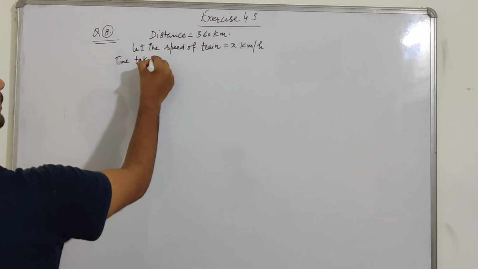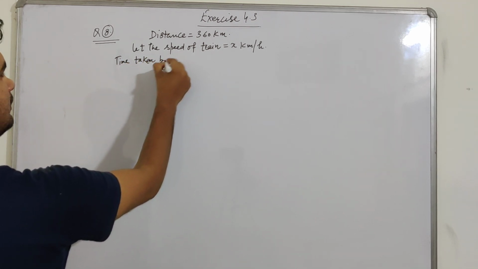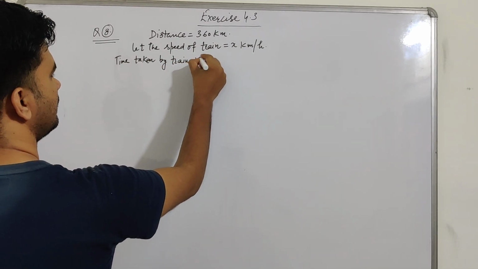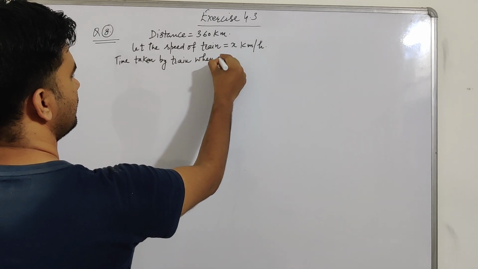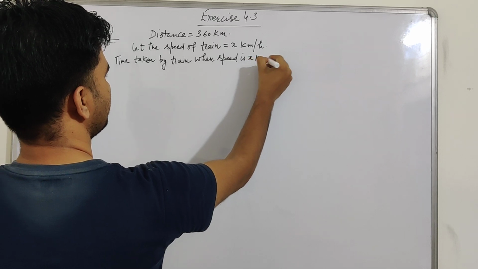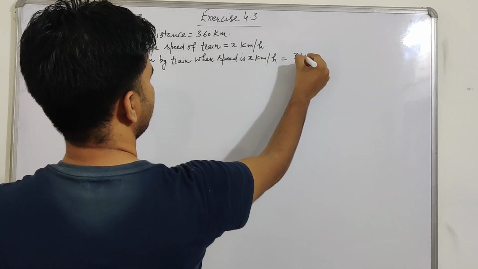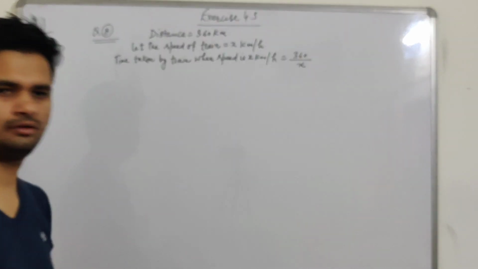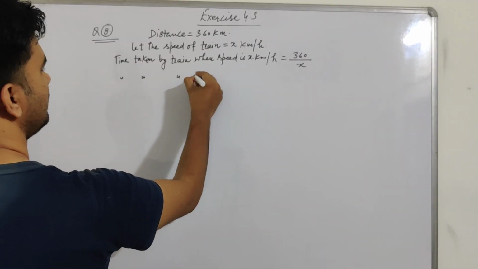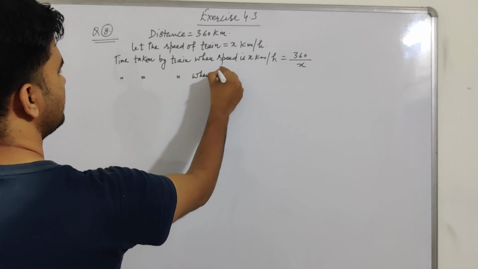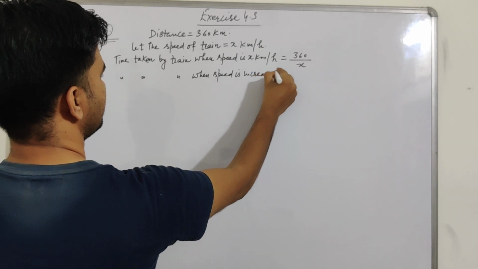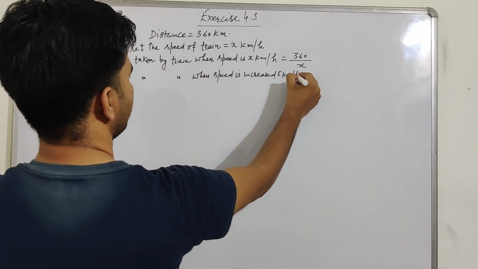Time taken by the train when the speed is x kilometer per hour is distance upon speed, 360 upon x. This is equal to the time taken by the train when the speed is increased by 5 kilometer per hour.